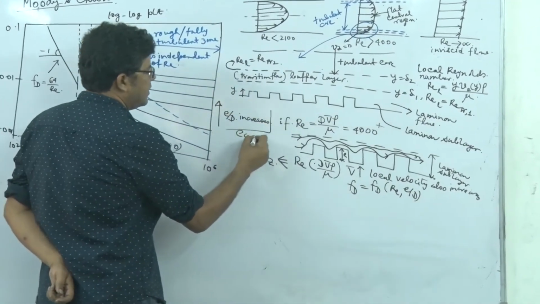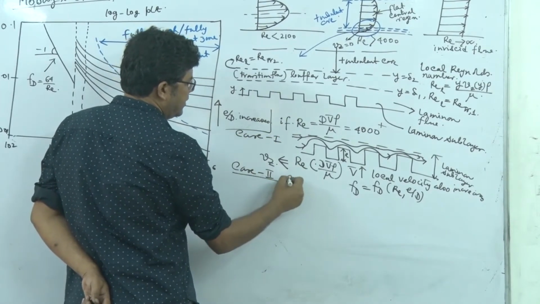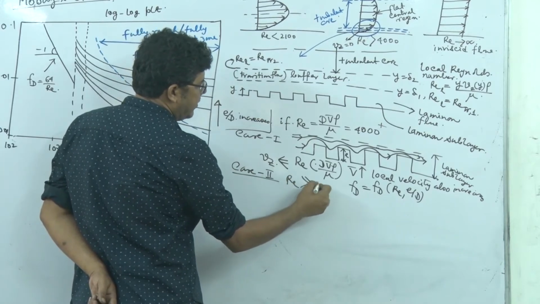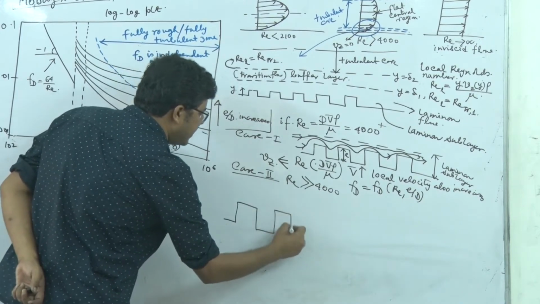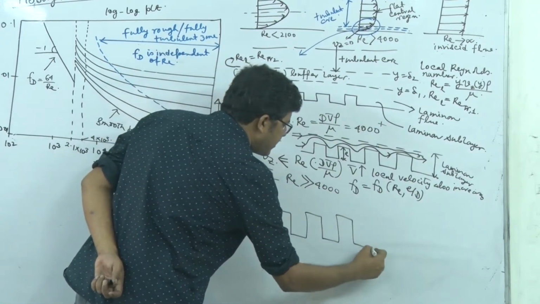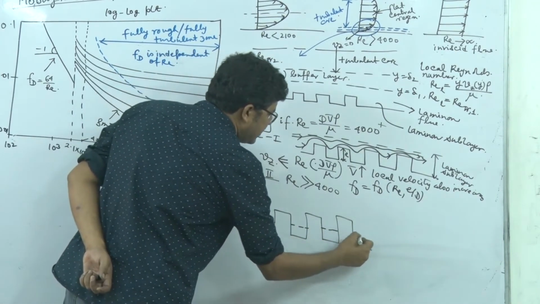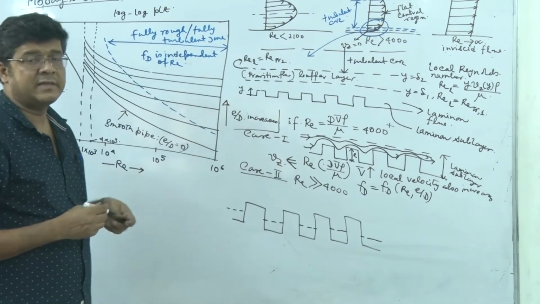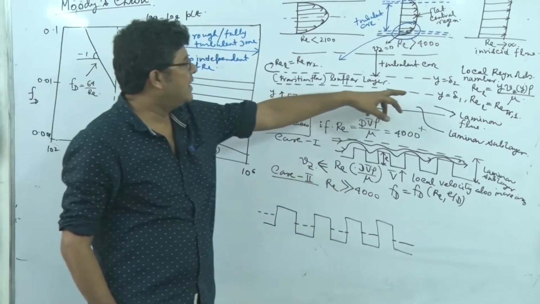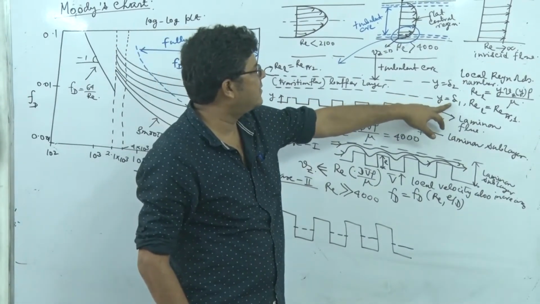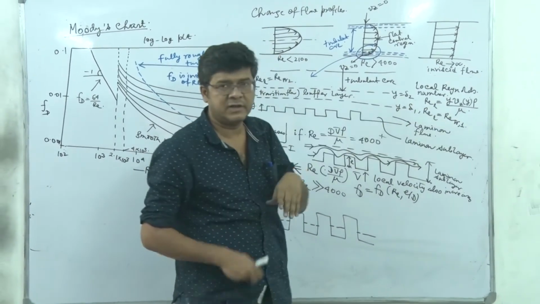Now this is case 1. Now in case 2, Reynolds number is much above 4000. Now what will happen? These are the roughness elements. So the laminar sublayer now shrinks, because as the average velocity increases, local velocity will also increase, and a smaller value of delta is necessary for the local Reynolds number to reach its first critical threshold.